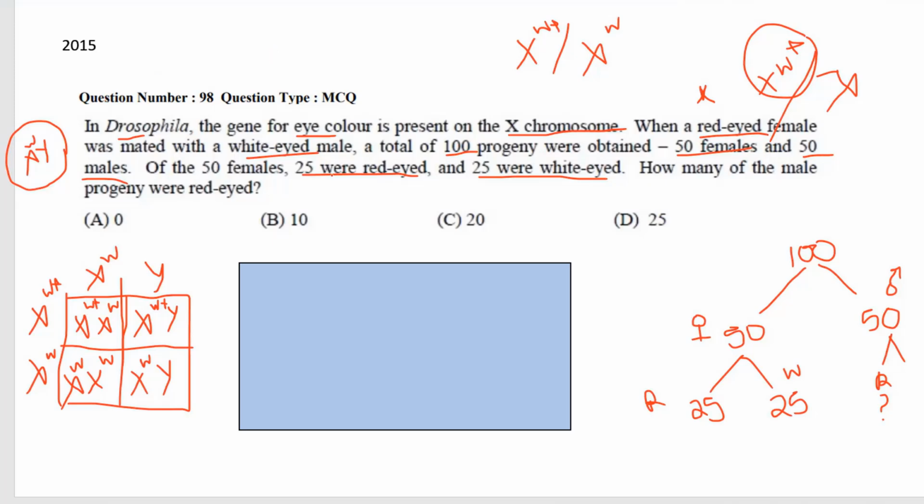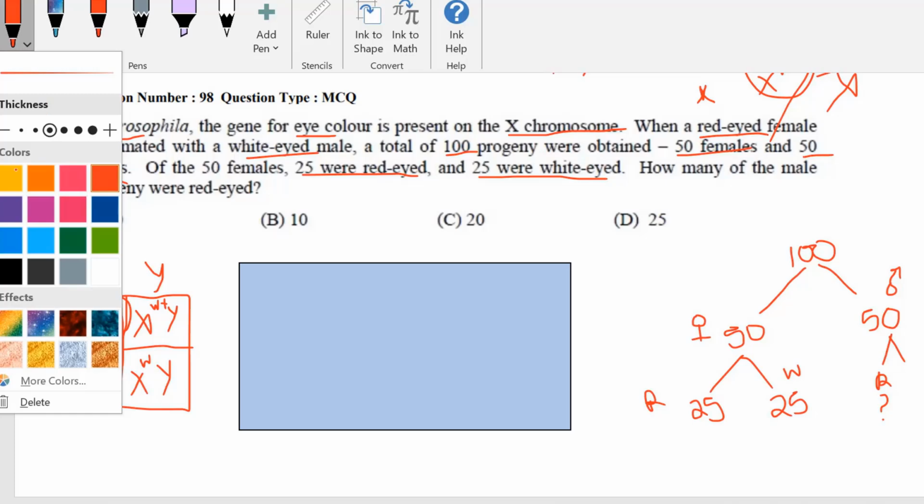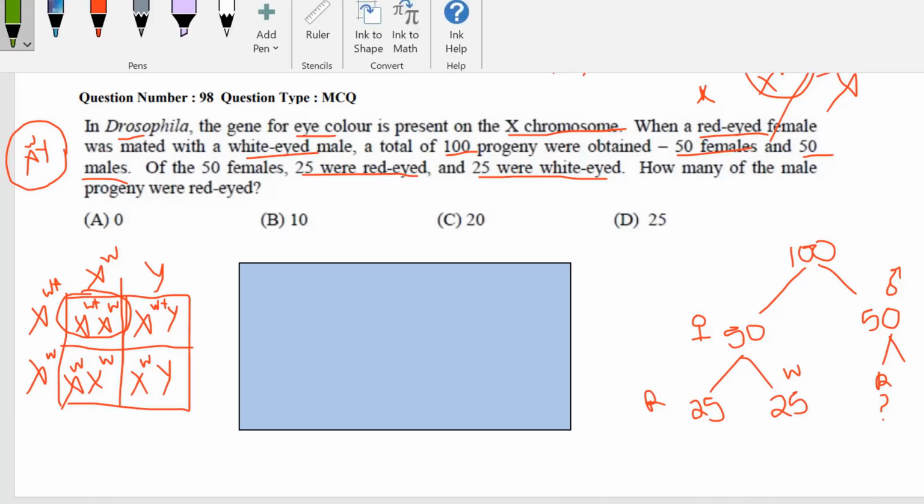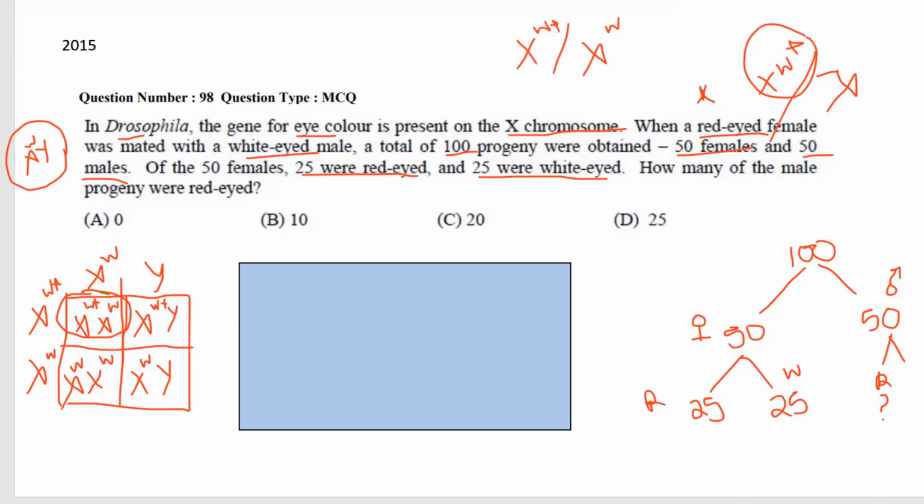So out of the 50, 25 were red-eyed. The one containing this genotype will have red eye and the one having this genotype will have white eye. So 50% is red and 50% is white.